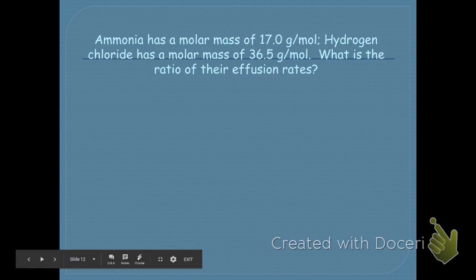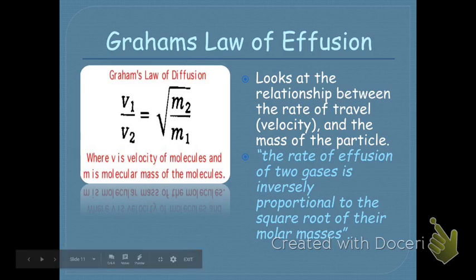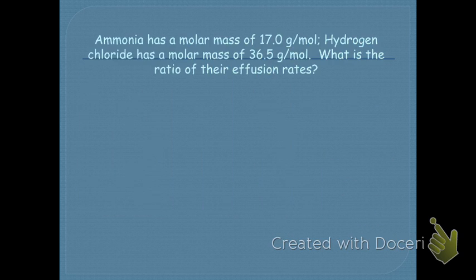Let's go ahead and write this down. So remember, it's V1 over V2 is equal to the square root of M2 over M1. So they're opposites of each other.